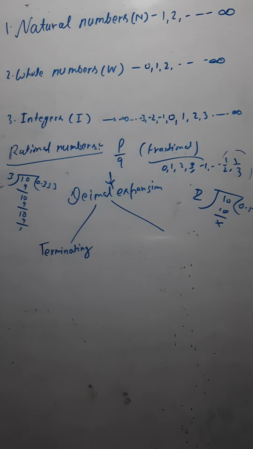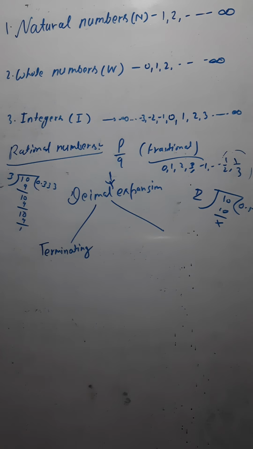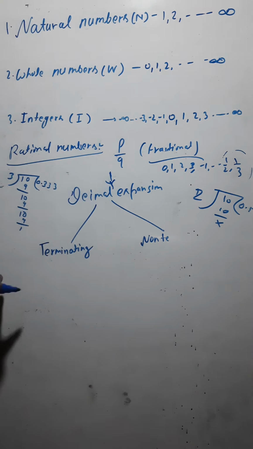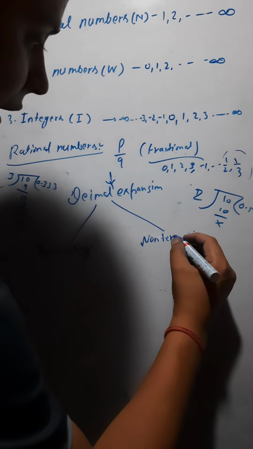Are you getting this? Yes, this 3 is going to repeat again and again. So where there is repetition, such a decimal expansion is also a rational number. The decimal expansion of a rational number can be non-terminating, because you are always going to get the remainder there. So it is non-terminating.